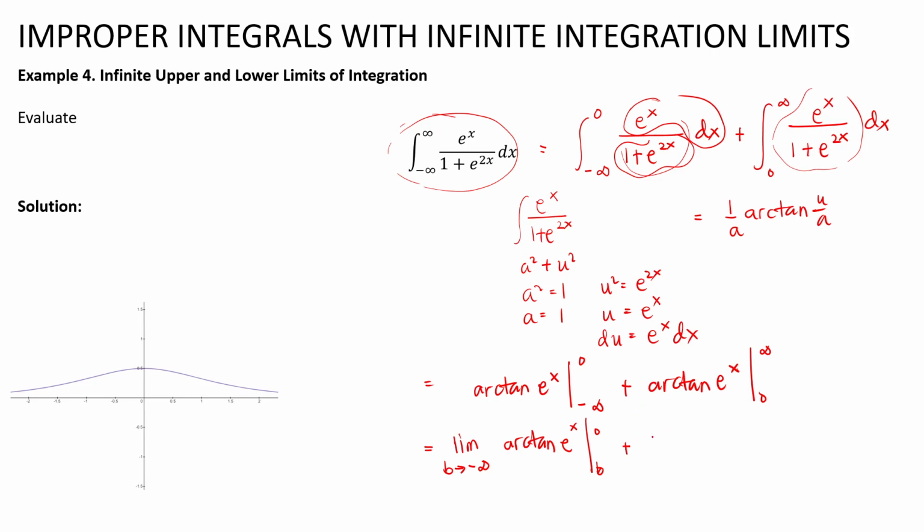Then the other one is limit of b approaches infinity. This can be a because it's the lower limit. Then the other one is b. So arc tangent e to the power of x, from 0 to b.